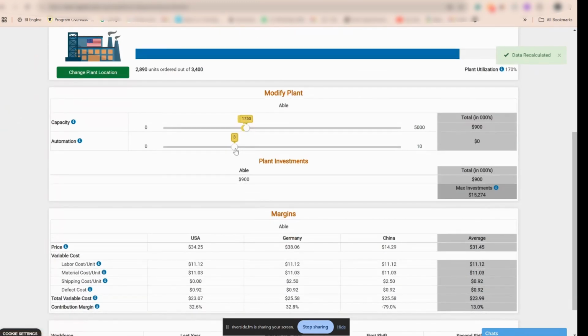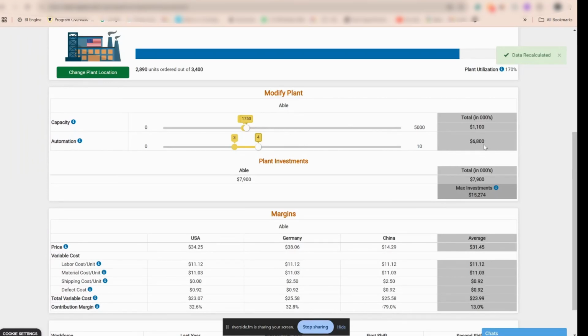Automation helps improve the way your production is done and reduces the per-labor costs. So I'll increase automation, but I'll just do one increase because I also don't want to spend too much until I see what the other teams are doing. I just don't want to invest in plants and machinery only to find out that the teams are as aggressive as I am.